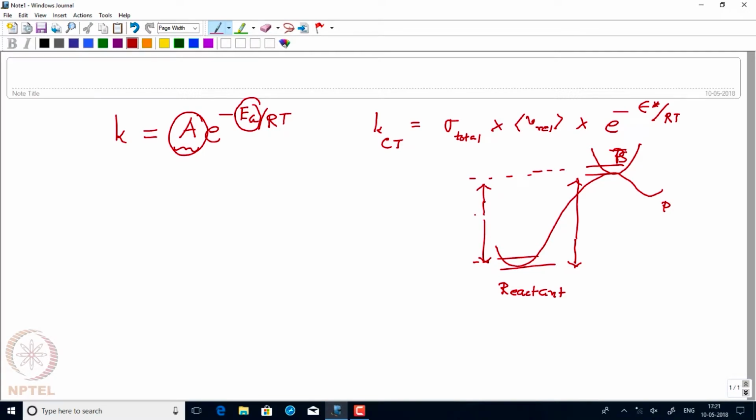But whatever the situation, for a two body collision like A plus B, where A and B are structureless hard spheres, it should give me back the collision theory rate expression.